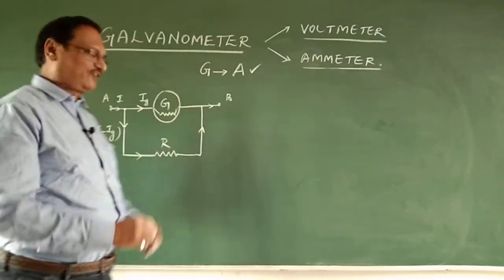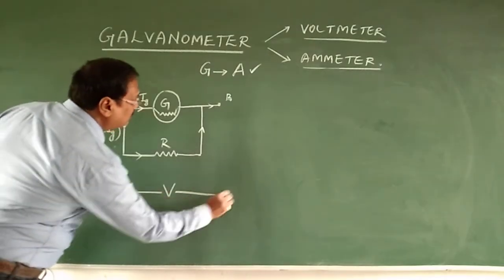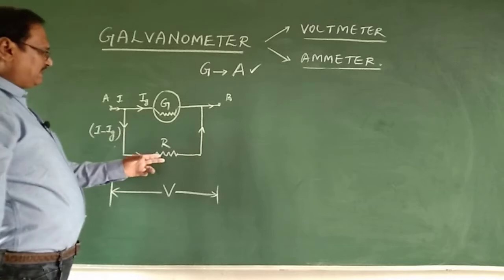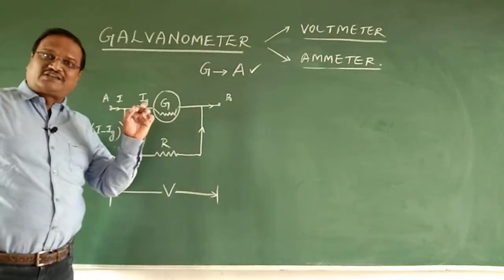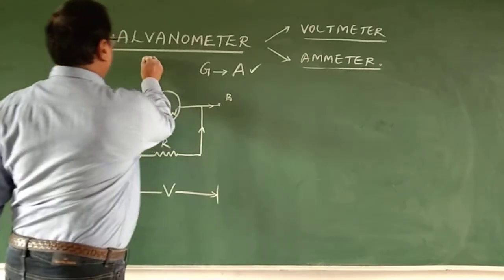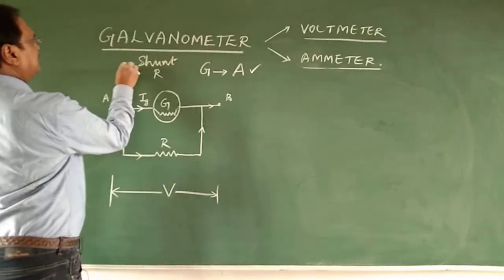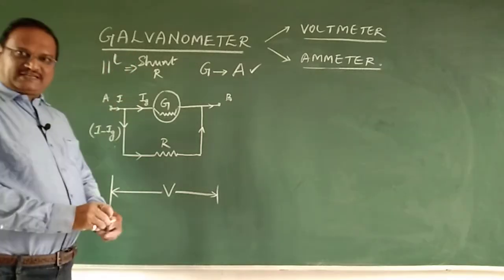In parallel, what remains the same? The potential difference. So the potential difference across the galvanometer coil and the resistor which we connected is the same. This resistor is called a shunt resistor, and it is connected in parallel.